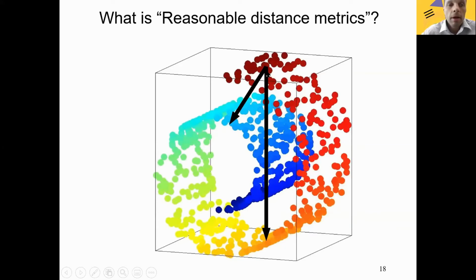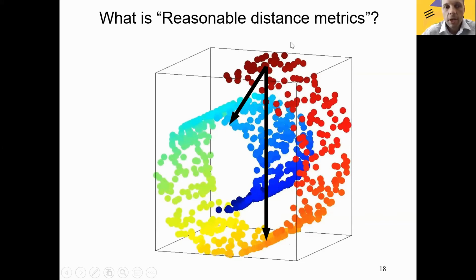However, in case we take into account the surface along which these points are located, then we should go along this surface to calculate the distance.